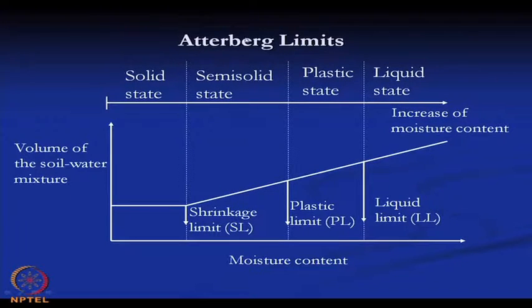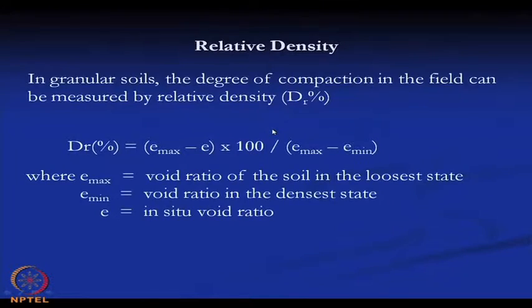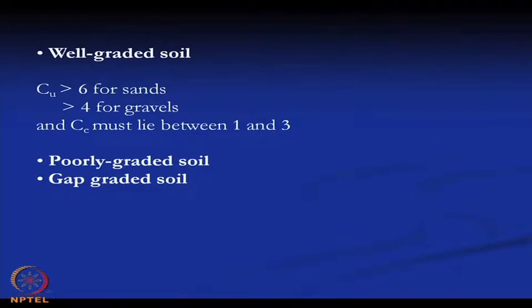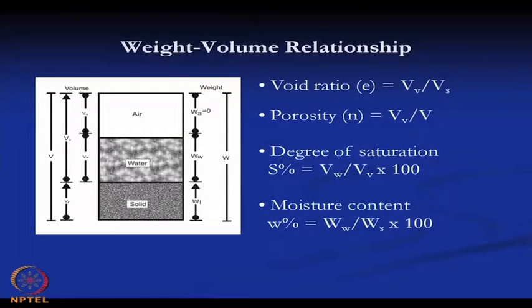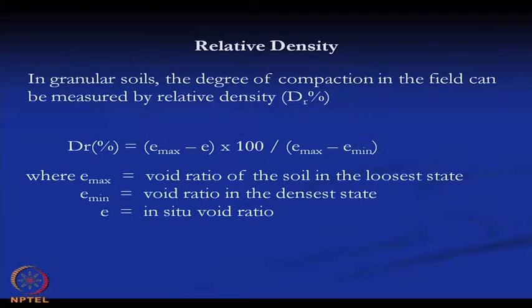Now, next important properties are the Atterberg limits. So, first we will define what the Atterberg limits are. The properties that we have discussed previously, that is well graded soil, poorly graded soil, gap graded soil, are basically properties for the coarse grained soil, mainly sand. And relative density is also a very important property for the granular soil or the coarse grained soil.